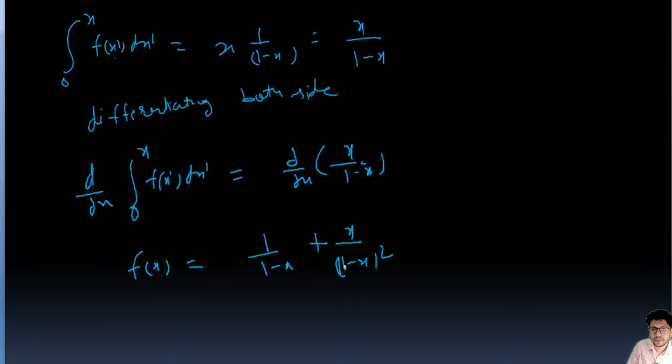Okay, this is the value, and now for f(x) we'll take the LCM. 1 minus x whole square is going to be 1 minus x plus x. The x is going to get cancelled, so the value of f(x) is going to be 1 upon 1 minus x whole square.